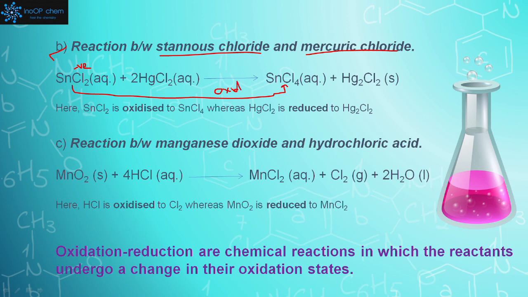Here are only two chlorine atoms, and now here are four chlorine atoms. That means gain of two chlorine atoms takes place. Whereas at the same time HgCl2 is reduced to Hg2Cl2. How? HgCl2 is an electropositive element, so here is a gain of one electropositive element, which is reduction.